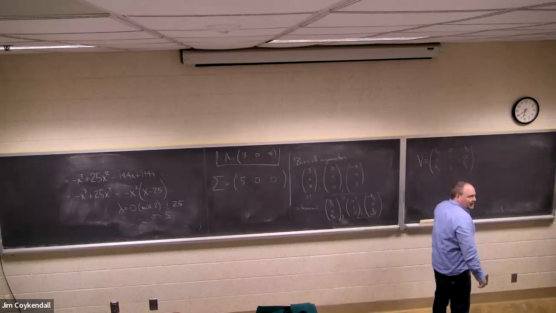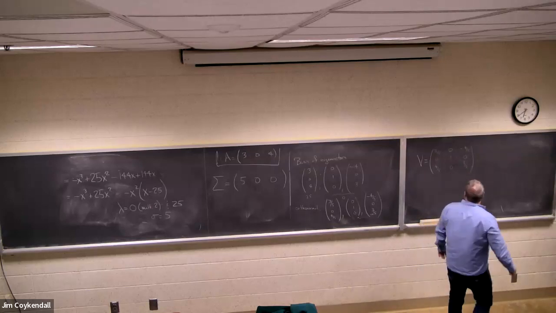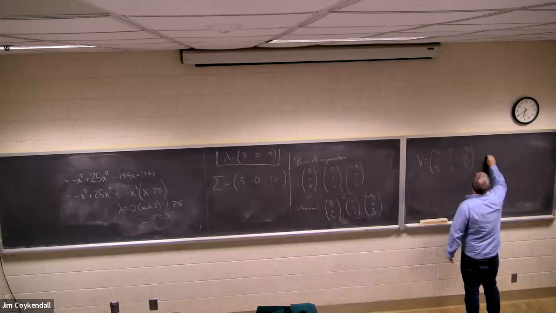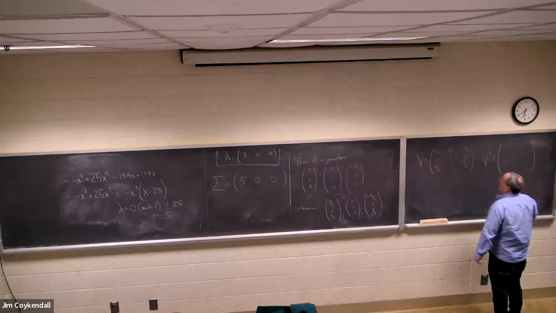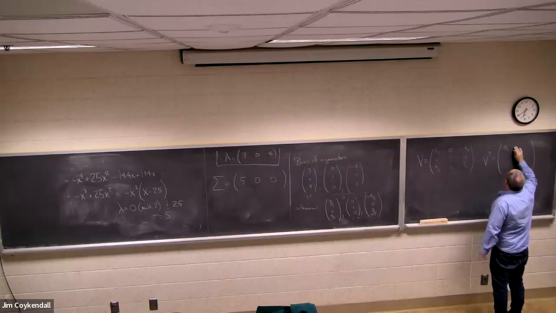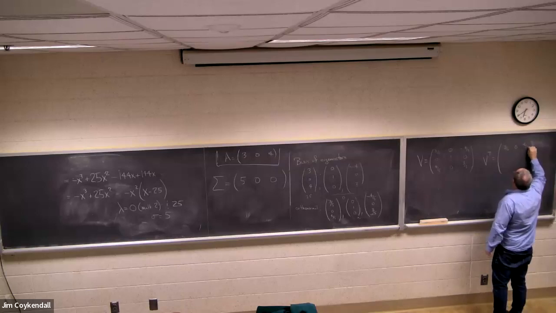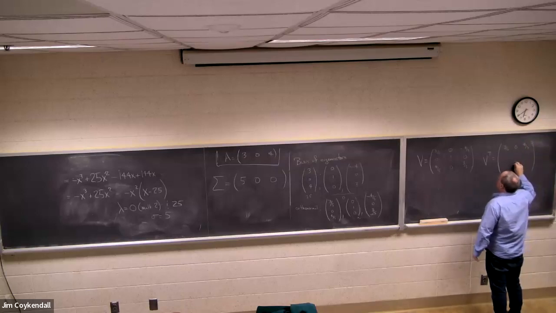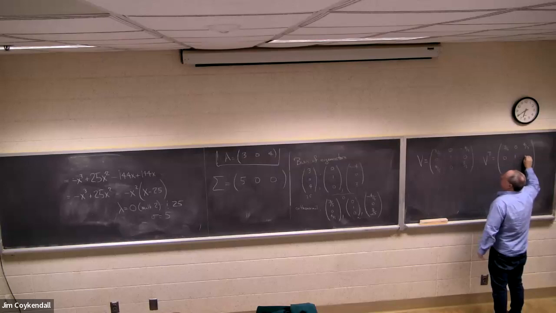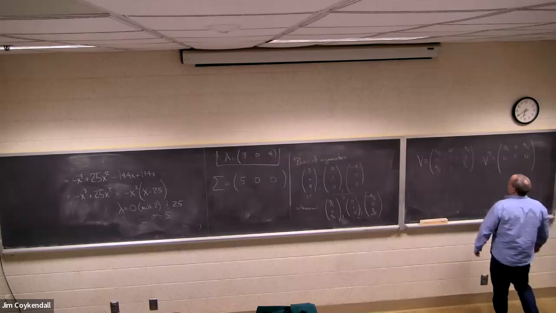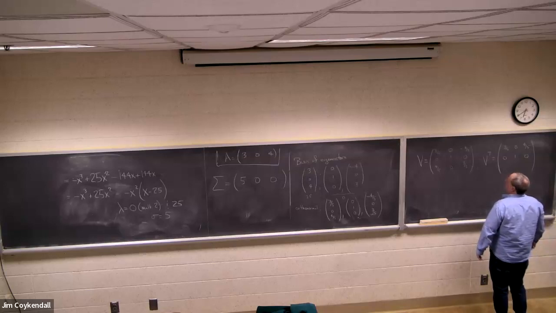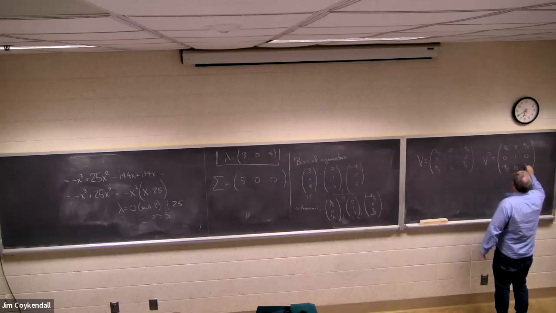What I need for the decomposition is not B, but its transpose, which is 3/5, 0, 4/5; 0, 1, 0; minus 4/5, 0, 3/5.